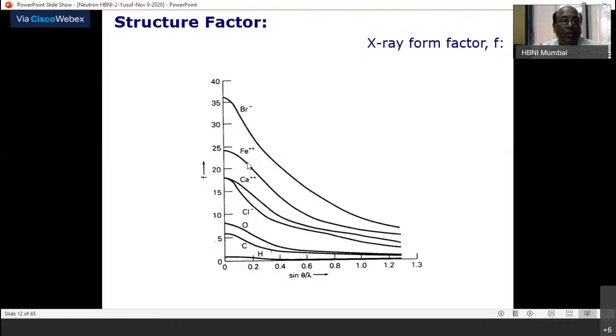As a result, if a Bragg peak occurs at a higher 2 theta scattering angle, you will see less intensity compared to a Bragg peak at a lower angle, though the atom responsible for both peaks is the same, let us say Fe2+. This is the point with regard to X-ray.